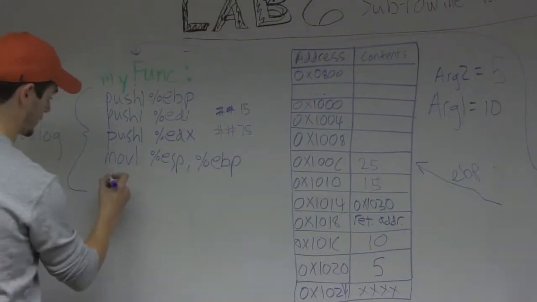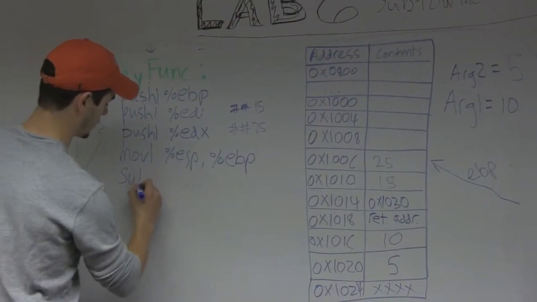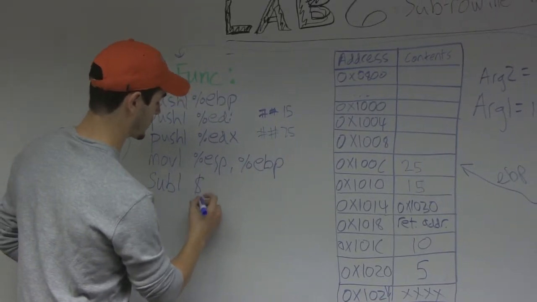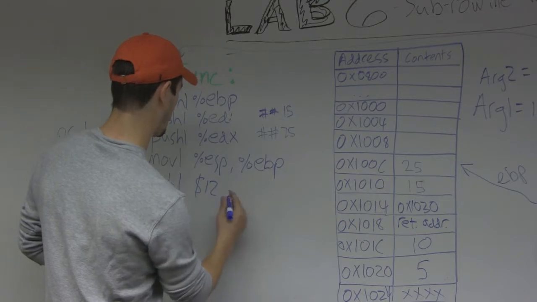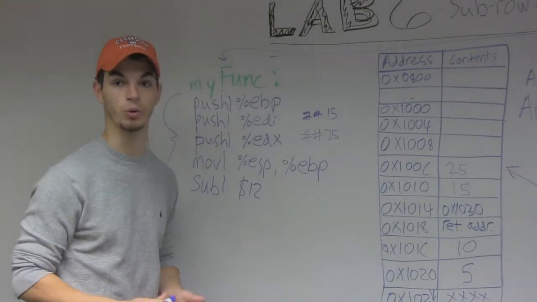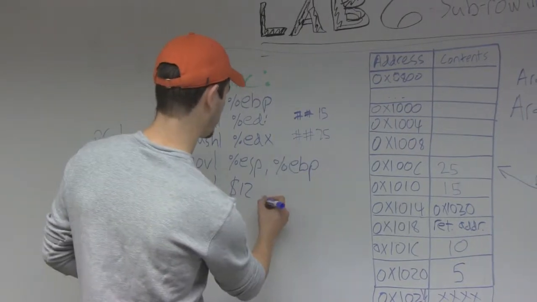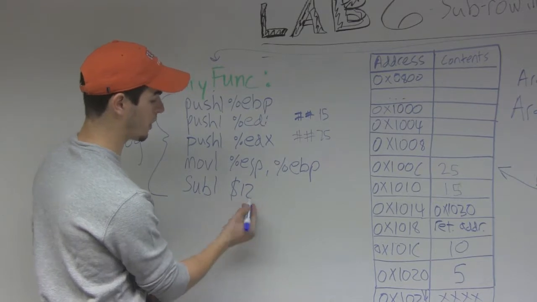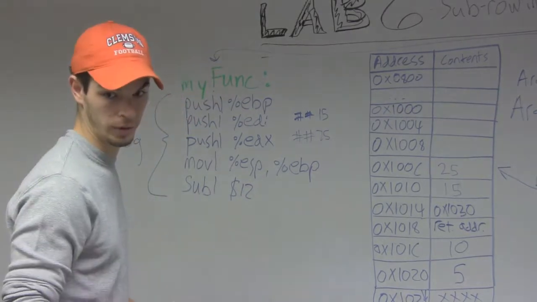And then, since retrieving the parameters also depends on the prologue, that's somewhat based on how much space you allocate for local variables. So in this example, we're subtracting 12 from our stack pointer.